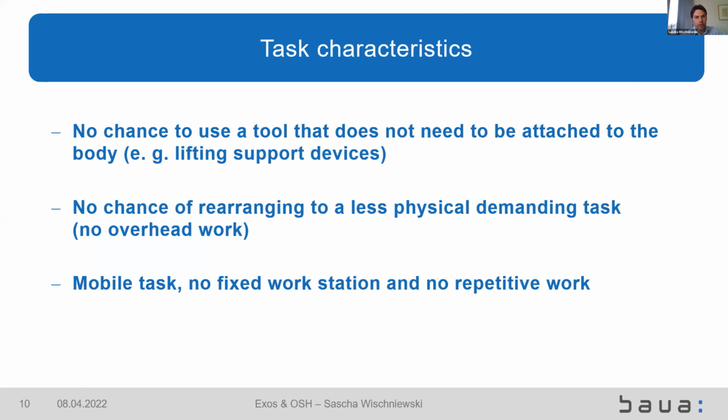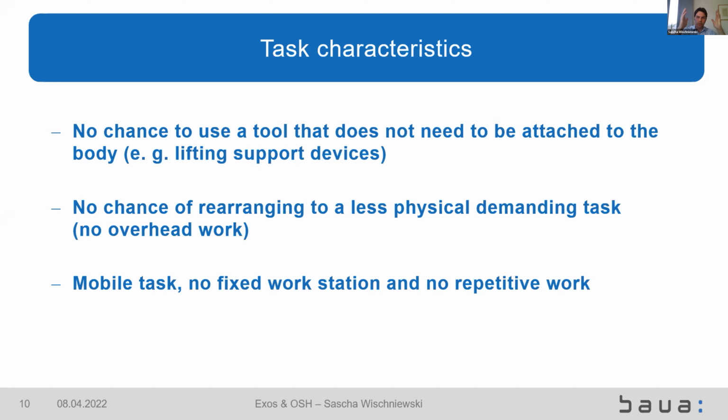Also, I think I saw in the chat or the Q&A: what kind of tasks, or when do I use these kinds of exoskeletons at work? If we still have the hierarchy of controls in mind, I would say, well, if you do not have a chance to use a tool that does not need to be attached to the human body, like a lifting support device, then you might consider that. If there's no chance of rearranging the work to make it a less physically demanding task.